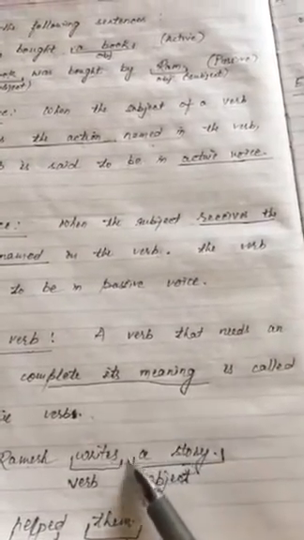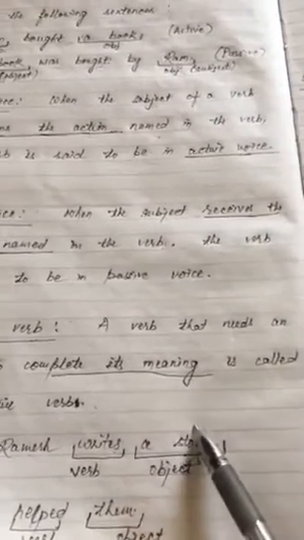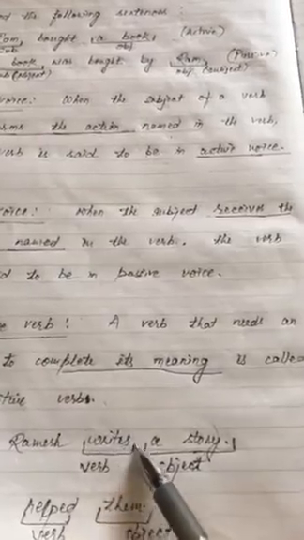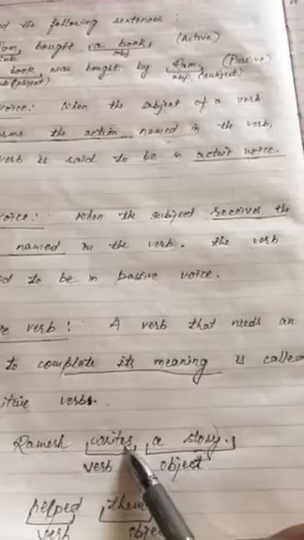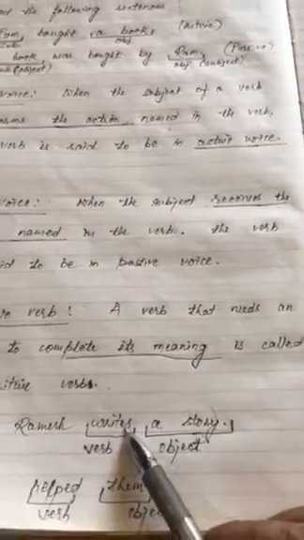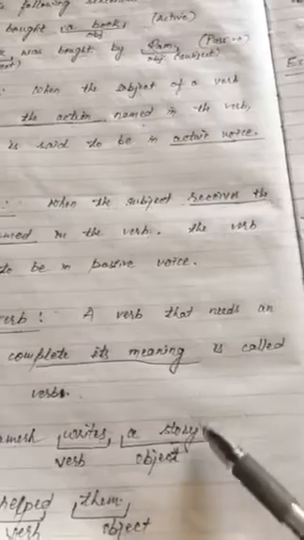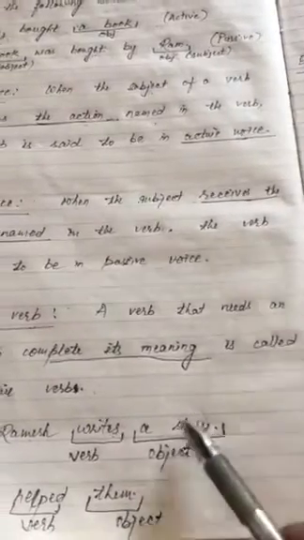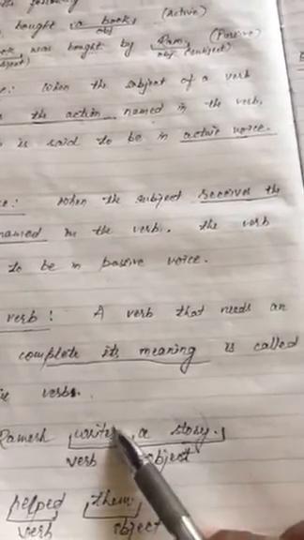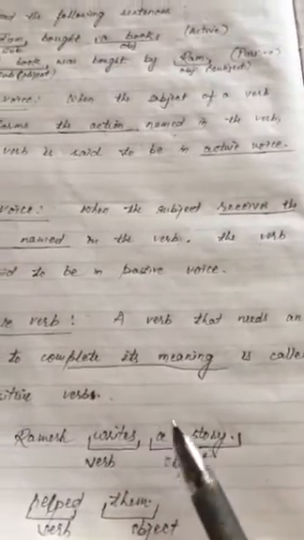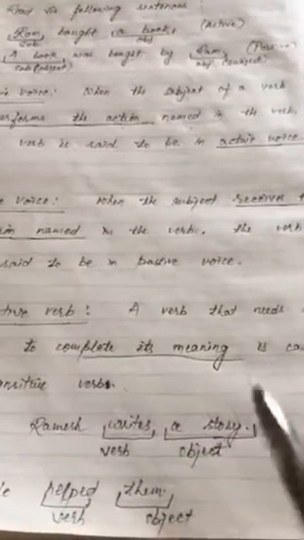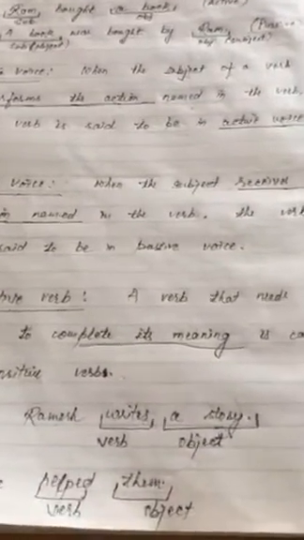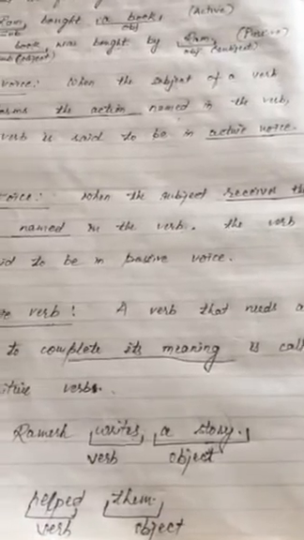If we remove the object a story from this sentence, then the meaning of this verb is incomplete. Ramesh writes has an incomplete meaning, and when we add the object a story, it has a complete meaning. Therefore it is your transitive verb because it requires an object to complete its meaning.